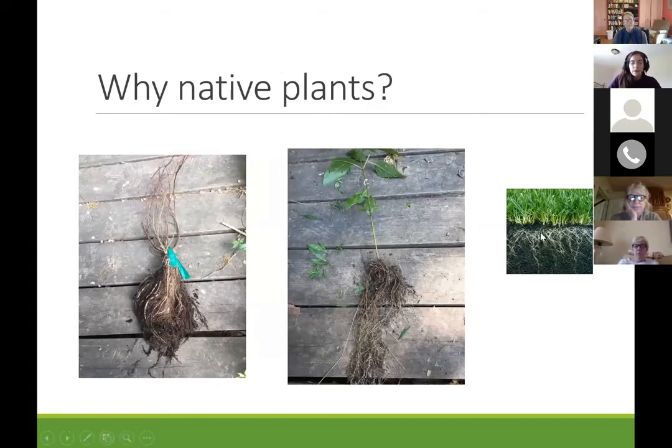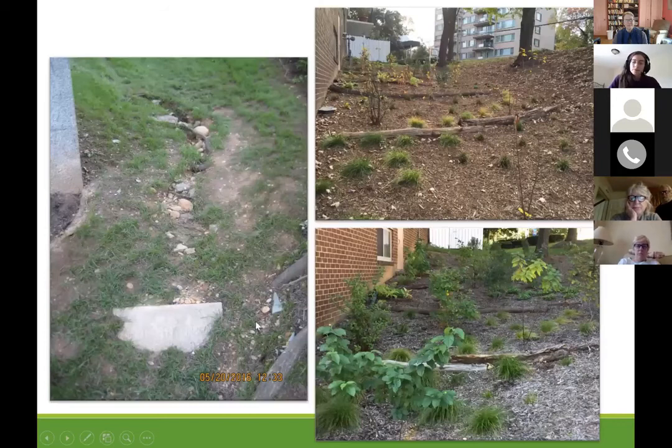Why do we like native plants? I talked about this a little bit. Our turf grasses are relatively shallow rooted. Our native plants and other vegetation really have these extensive underground root systems, which helps soak up that water and colonize the area, break up the compaction, all those things.